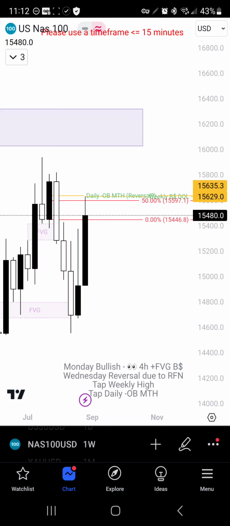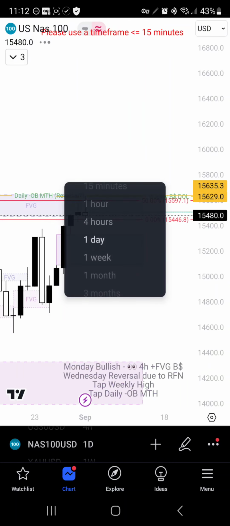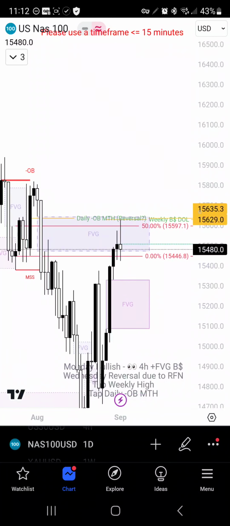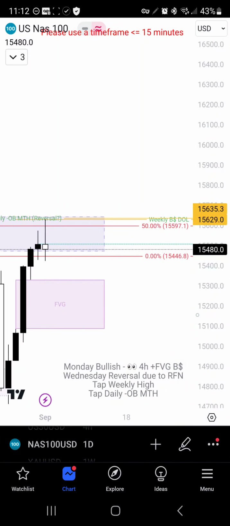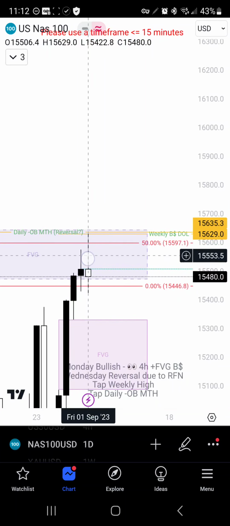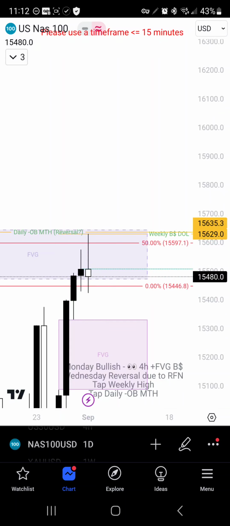So we take a look at the daily. Let's drop down to the daily now. First thing I like to do is look at that candle. Here's Friday's candle right here. Friday's candle is a bearish indecision candle.